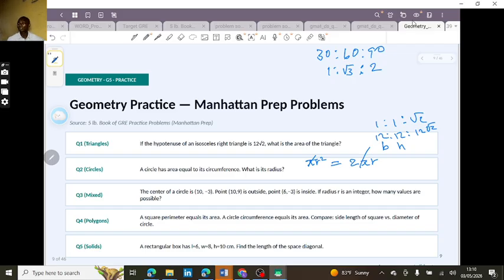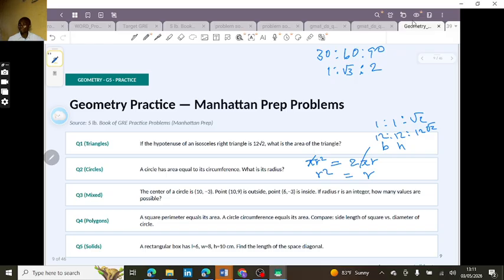So what else? Look at it again. You see that there is something you can do. That thing is r now. r squared equals 2r, right?